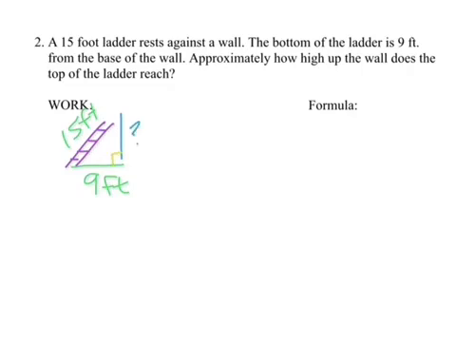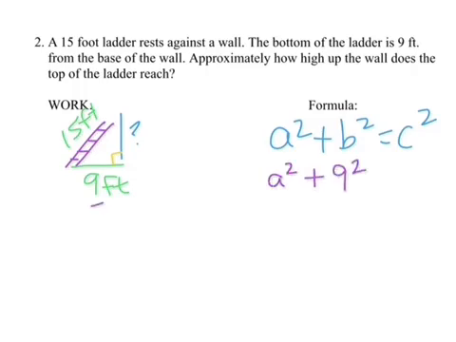So the formula we use is a squared plus b squared equals c squared. Now let's sub in our values. I don't know what a is. I'll use 9 as one of the legs, and the ladder will be the hypotenuse.